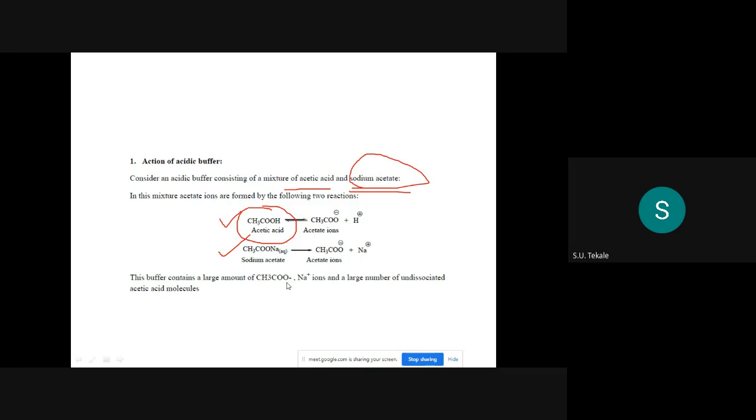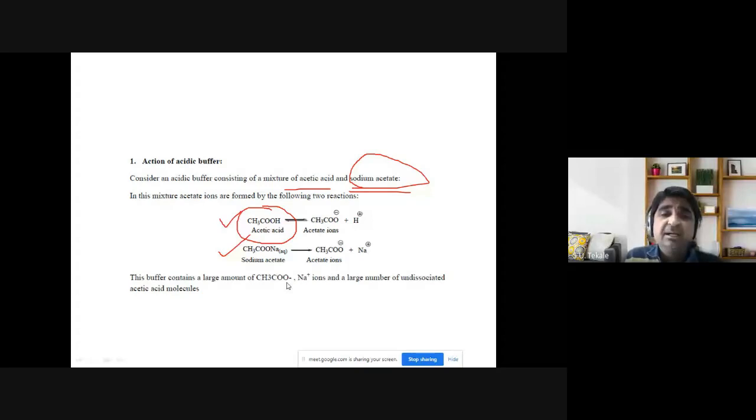Now in this buffer solution, there will be dissociation of acetic acid into acetate ions and H plus ions, and the dissociation of sodium acetate into acetate ions and Na plus ions. So this is the set of equilibria present in this acidic solution.